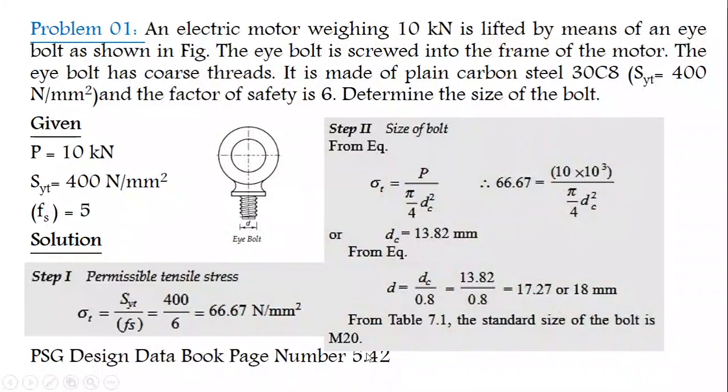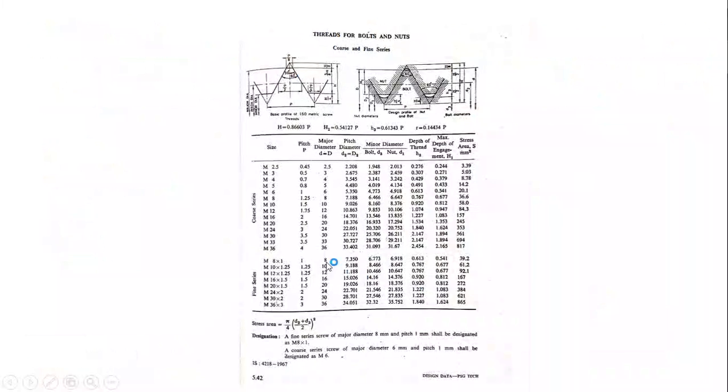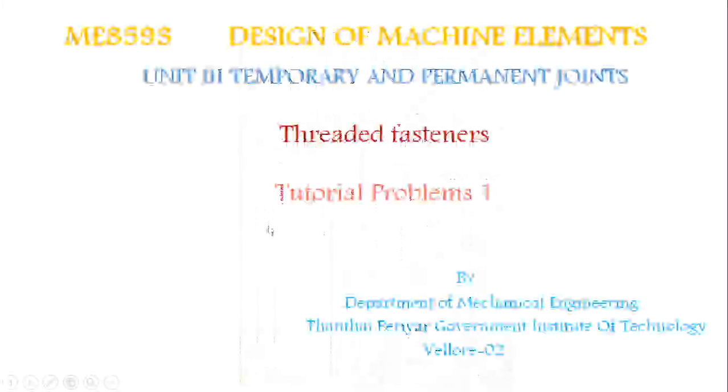From the design data book, page number 5.42, we can get the actual bolt size. After 16 millimeter, the standard major diameter will be 20. So we get the M20 bolt. This is the standard bolt we have to use.